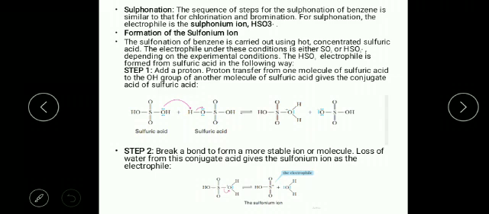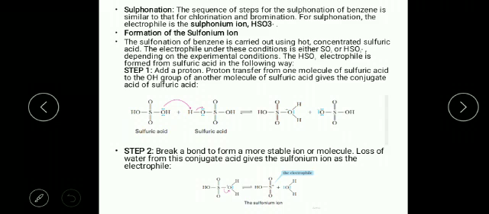The sulfonation of benzene is carried out using hot concentrated sulfuric acid. The electrophile generated in sulfonation is the sulfonium ion, and it is generated by the reaction of 2 molecules of sulfuric acid.